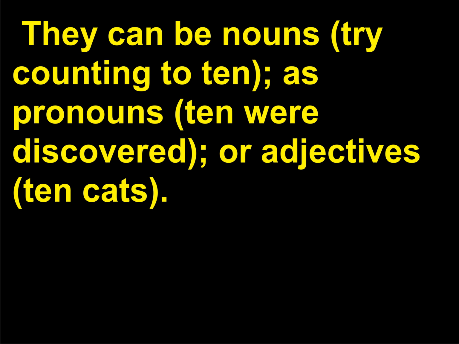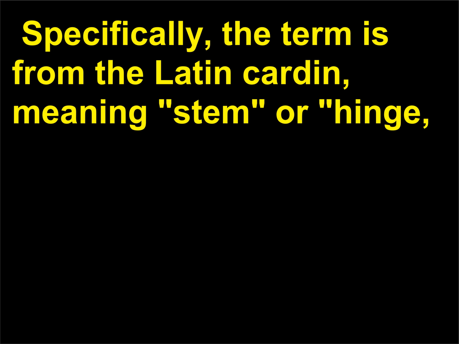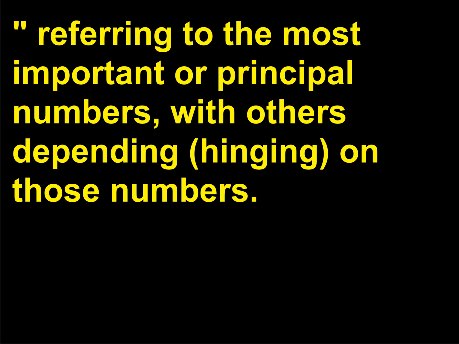They can be nouns, as in try counting to 10, pronouns, as in 10 were discovered, or adjectives, as in 10 cats. Specifically, the term is from the Latin cardine, meaning stem or hinge, referring to the most important or principal numbers, with others depending, or hinging, on those numbers.